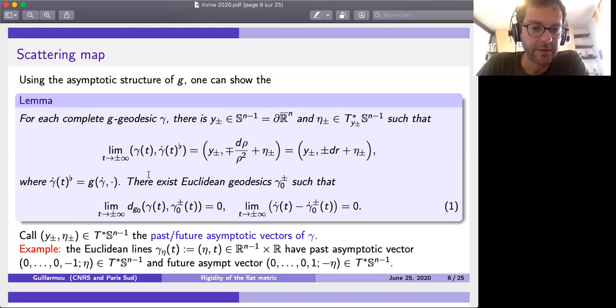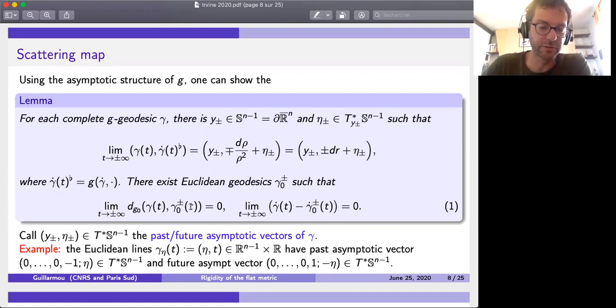Now, to prove this, you really have to look at the geodesic flow equation and use the fact that your metric looks a bit like Euclidean space near infinity. And it's not very hard. It's a bit of analysis, of course, but it's not so hard to prove that there also exist two Euclidean geodesics, which I denote by gamma 0 plus and gamma 0 minus, such that in the future my geodesic gamma of t is approaching gamma 0 plus of t.